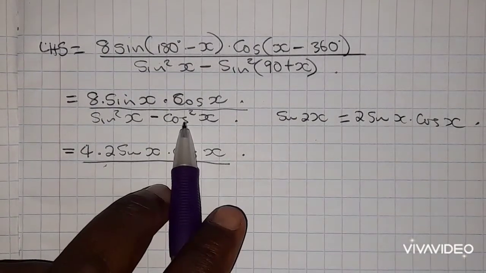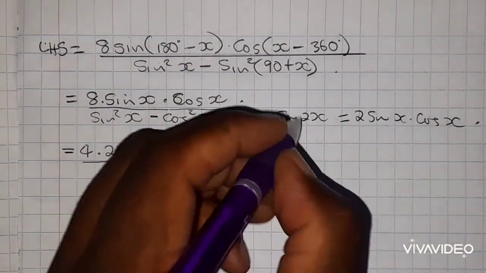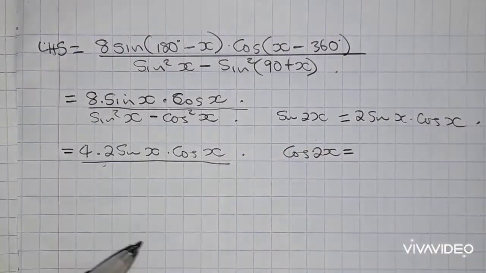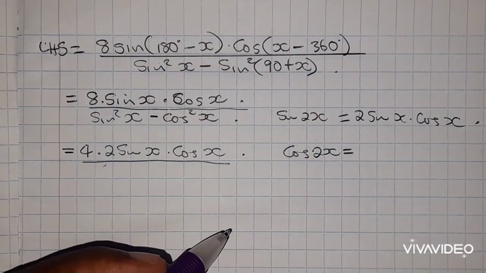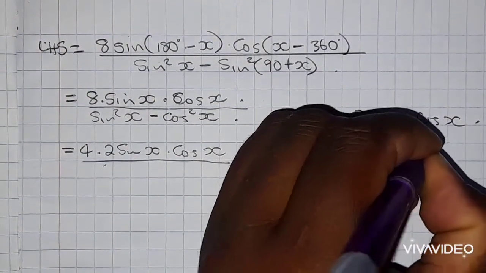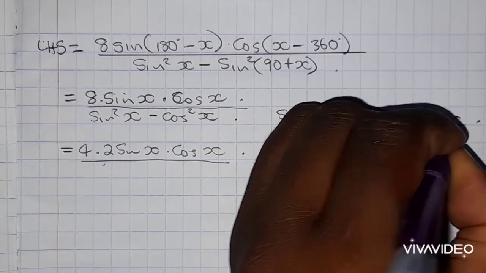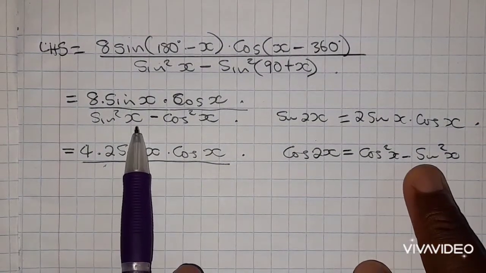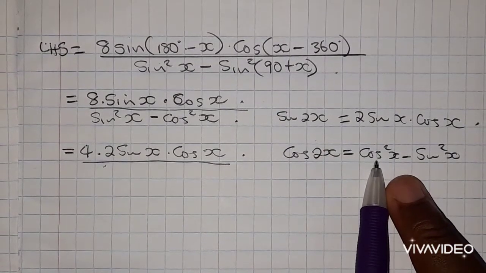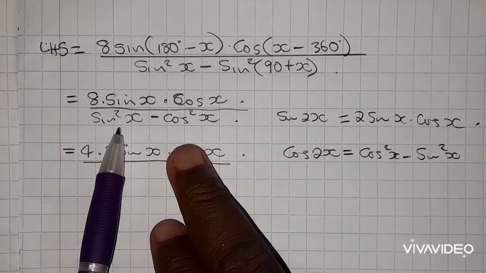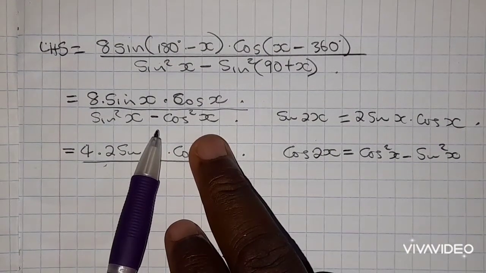We can use the expansion of cos here, but the expansion of cos 2x is equal to cos x squared minus sine x squared. Now, how do we fit it here? We have cos x squared minus sine x squared, but here there is sine x squared minus cos x squared.